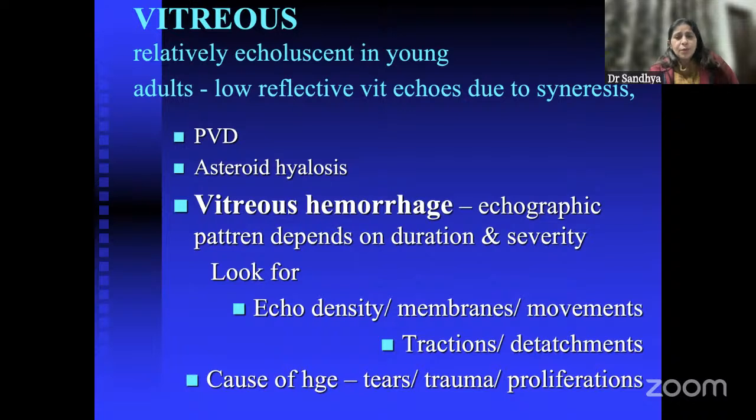In vitreous hemorrhage, you have to see the echography pattern depending on the duration and severity of the hemorrhage. What you have to look for is echodensity, membranes, any movements, any tractions, any detachments, and you have to look for the cause of hemorrhage, like a tear, trauma, or sometimes proliferations also you can catch.